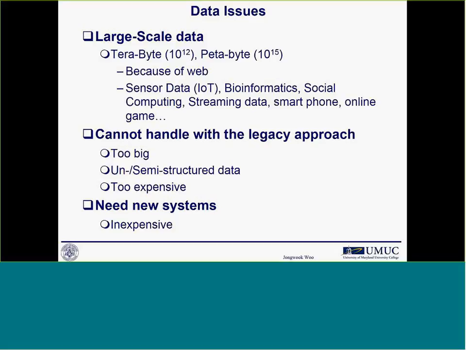Also, bioinformatics, which covers DNA and the genome, has an actually massive data set. Also, social media such as Twitter, Facebook, and LinkedIn generate too much data. And also streaming data, which is part of sensor data and IoT. Smartphones generate too much location data and social media data.